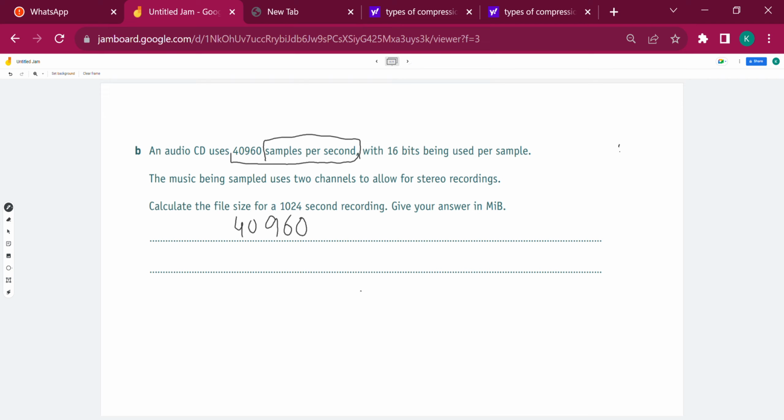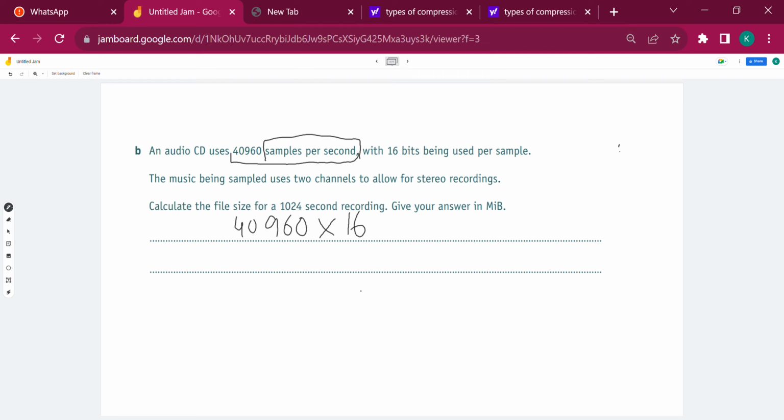It seems to be quite a difficult calculation, but the way I am teaching you would make it quite easier to understand how to solve such complicated calculations without a calculator. So 16 bits being used per sample. So this is bit depth, 16 bits. And the music being sampled uses two channels to allow for stereo recording.